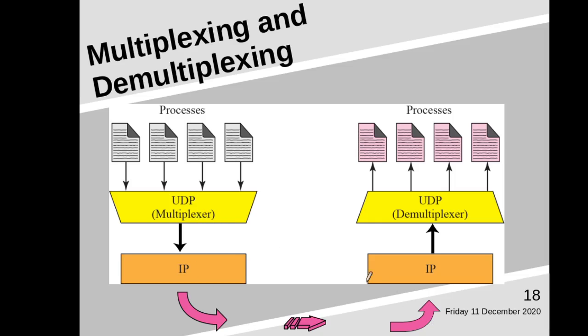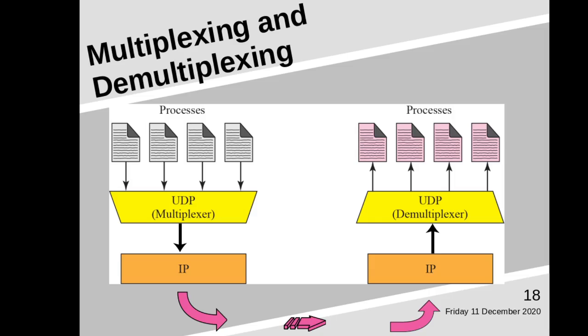If you want to send some information from one node to a different node, and multiple processes are trying to send their data to that node, then they can be multiplexed in one IP packet and sent, and on the receiving side they can be demultiplexed, and the packets for the respective processes can be sent to them.